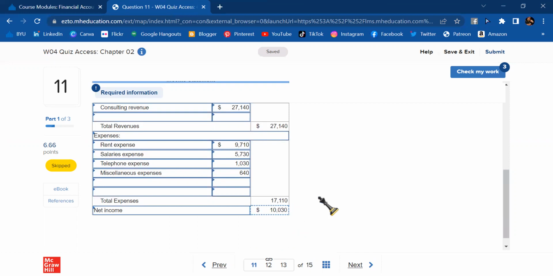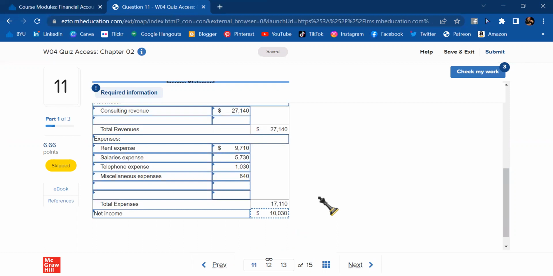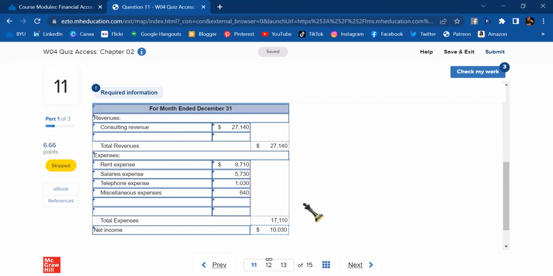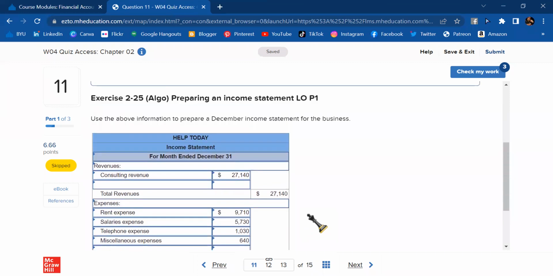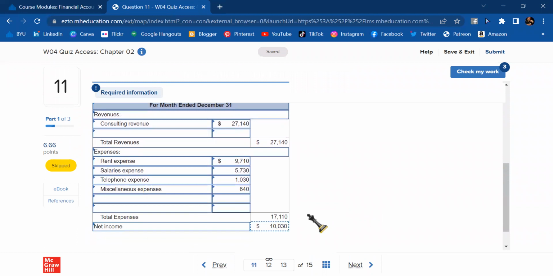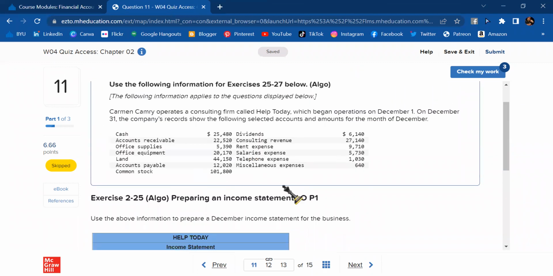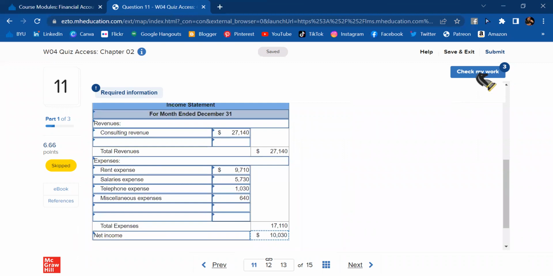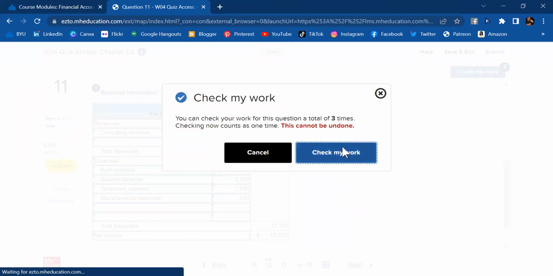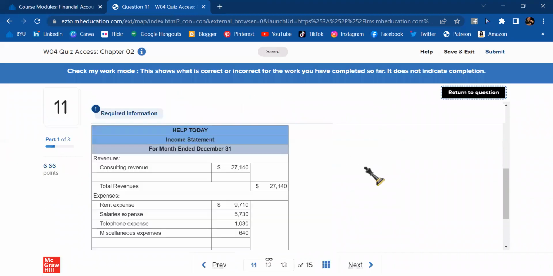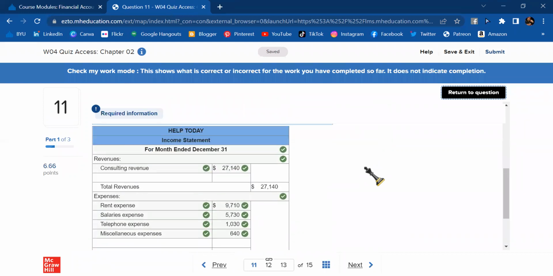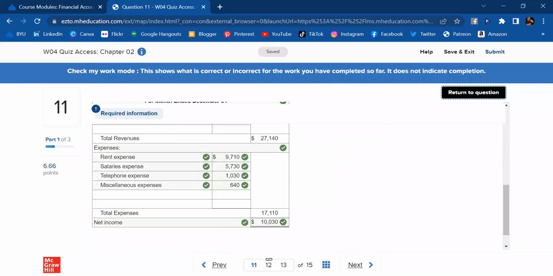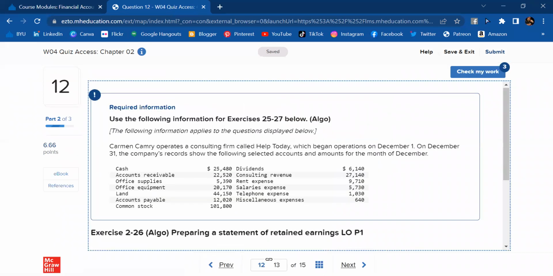There we go, that should be our completed income statement, just plugging our numbers into their little categories. We can check our work, of course. I'll check my work real quick. There you go, that one is done.